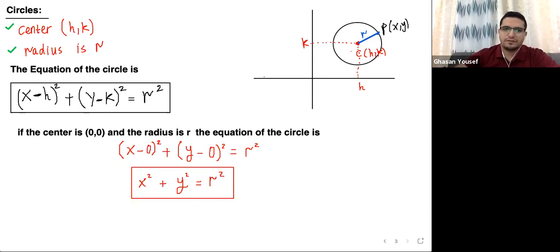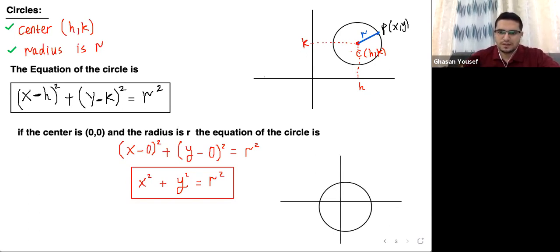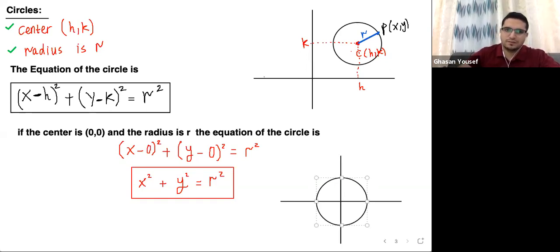So I'm going to graph how the circle looks in this case. This is my x and this is my y coordinate. So this is my circle. The center is 0, 0.